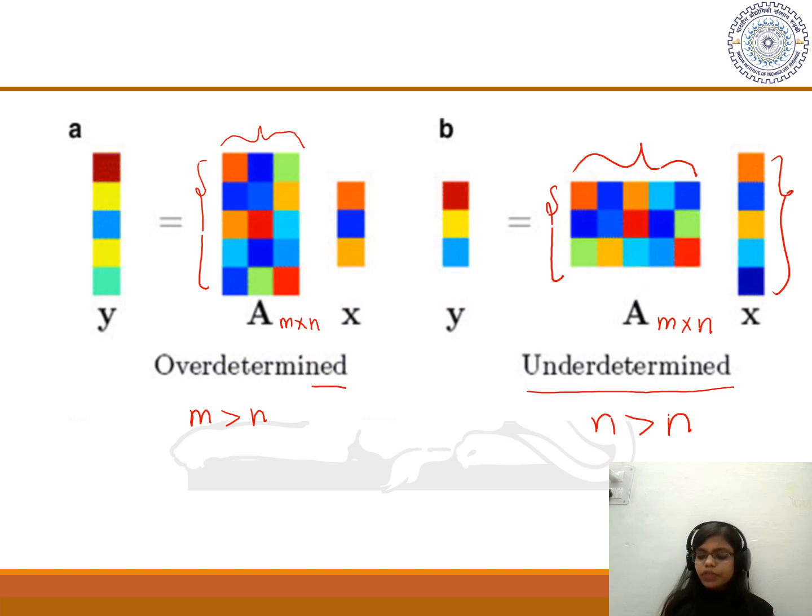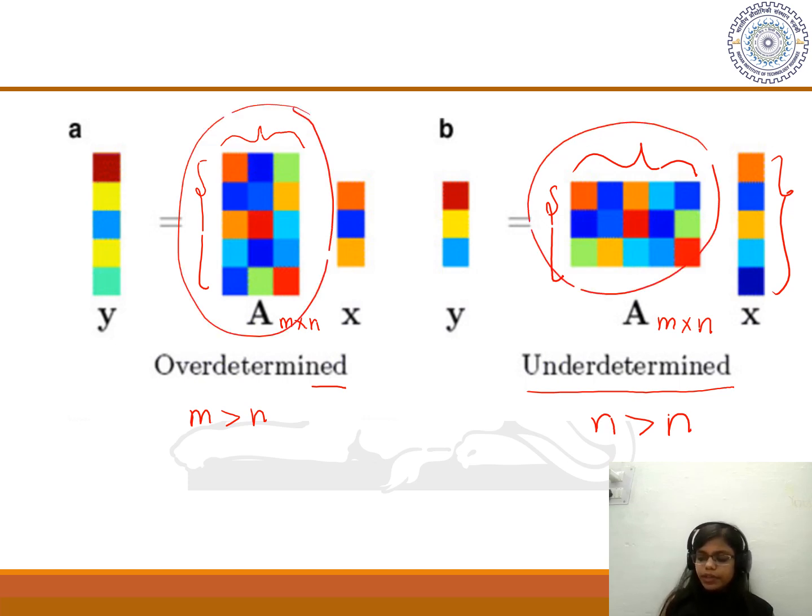So in both cases, we are getting a rectangular matrix, and we know very well that inverse does not exist for rectangular matrices. But in order to solve this AX equals Y, we need to find a way to find A inverse.